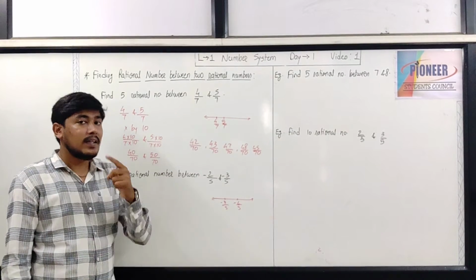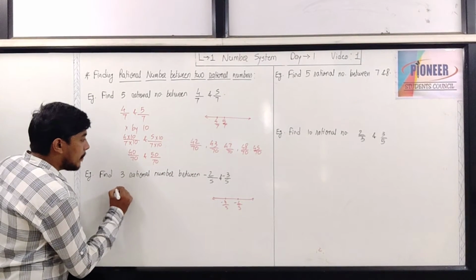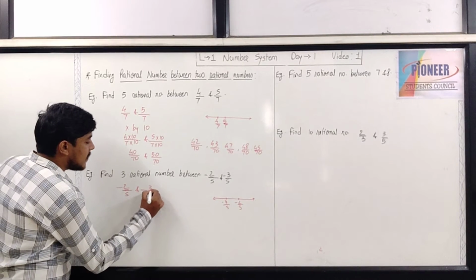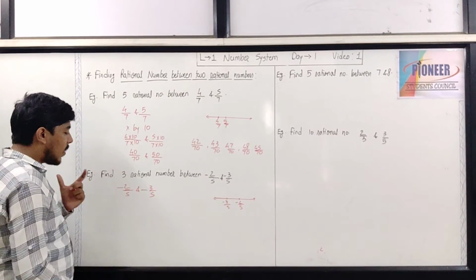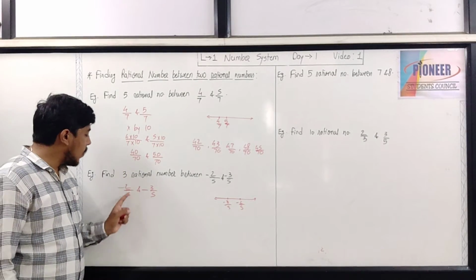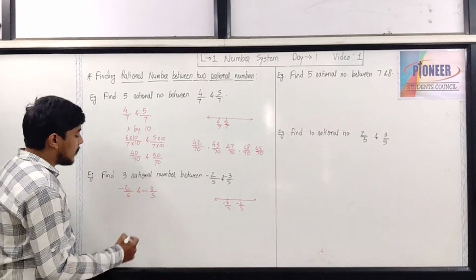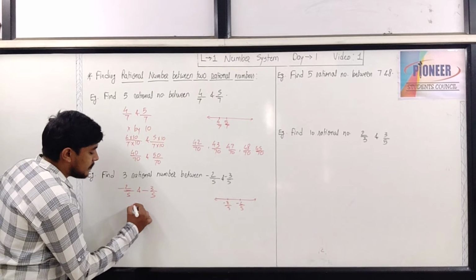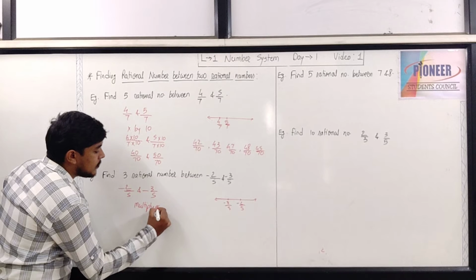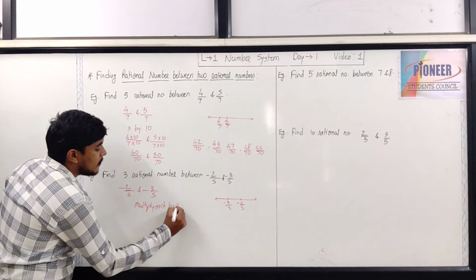By the same method. See, minus 2 by 5 and minus 3 by 5. We will multiply all these numbers by a particular number. Let's multiply each by 3.